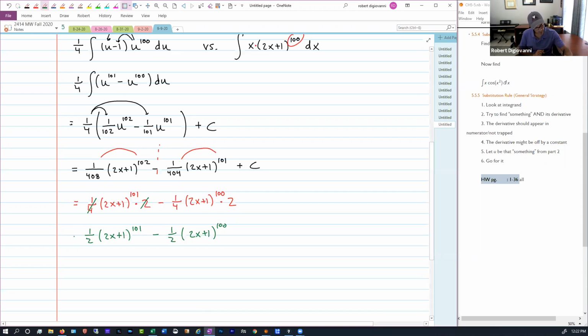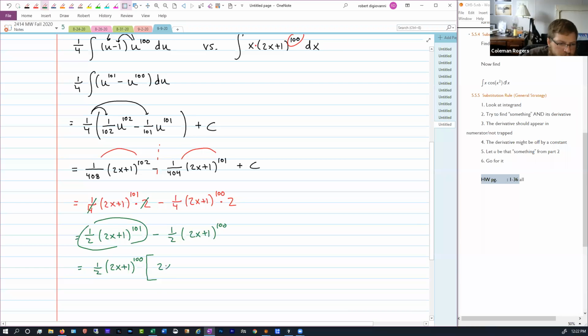Oh, but it is. Now I'm going to factor out 1/2 from both of these. They also both have 2x plus 1 to the 100th power. Do you all agree with that? So I factor that out. What's left in the first one? 2x plus 1. And what happens when I factor this out of the second one?